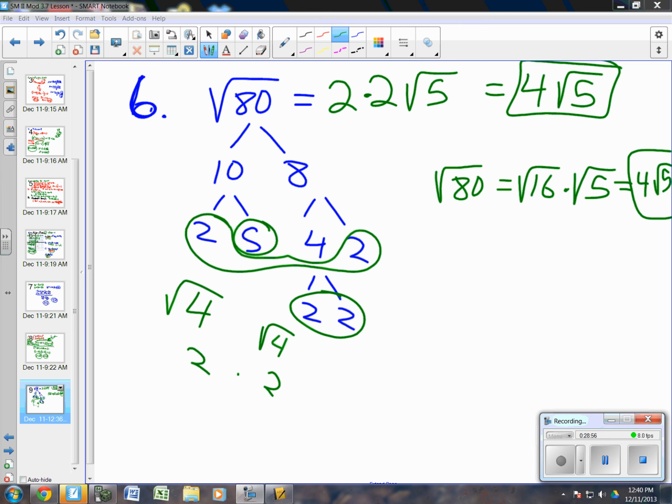Why do you pick 49? No, see my perfect squares? 1, 4, 9, 16, 25, 36, 49, 64. I just choose those numbers and see if they go in there. I find the biggest one of those that goes into it.